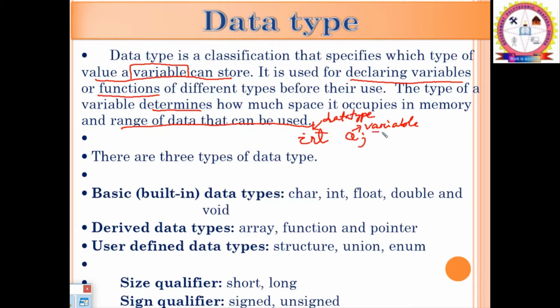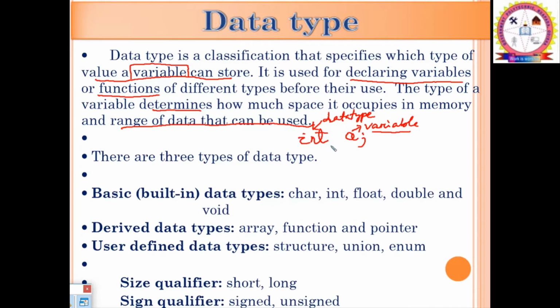But just a small example. So a data type is mainly used for declaring variables and functions of different types before their use.